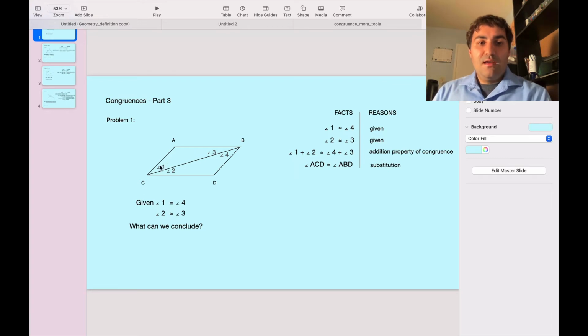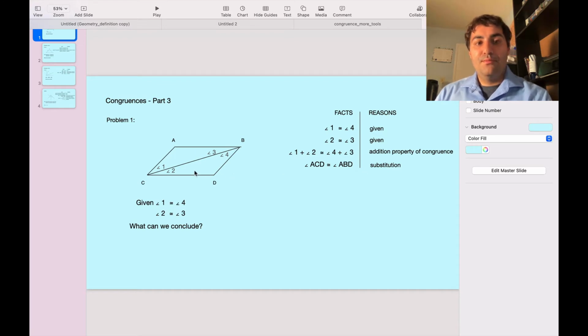Angle 1 plus angle 2 is going to give this larger angle ACD, so I just substitute angle 1 plus angle 2 with angle ACD. Similarly, angle 4 plus angle 3 is going to be this angle ABD. So we get that angle ACD is congruent to angle ABD.